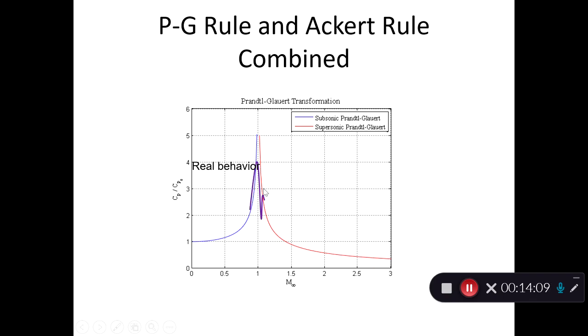This is the shock-induced stall. Here the lift recovery occurs when the shock moves to trailing edge. Then it follows the Ackeret's rule. So Prandtl-Glauert rule to the left side, Ackeret rule to the right side. And this is the transonic regime where everything is completely nonlinear. Therefore, this curve combines the Prandtl-Glauert rule and Ackeret's rule together.